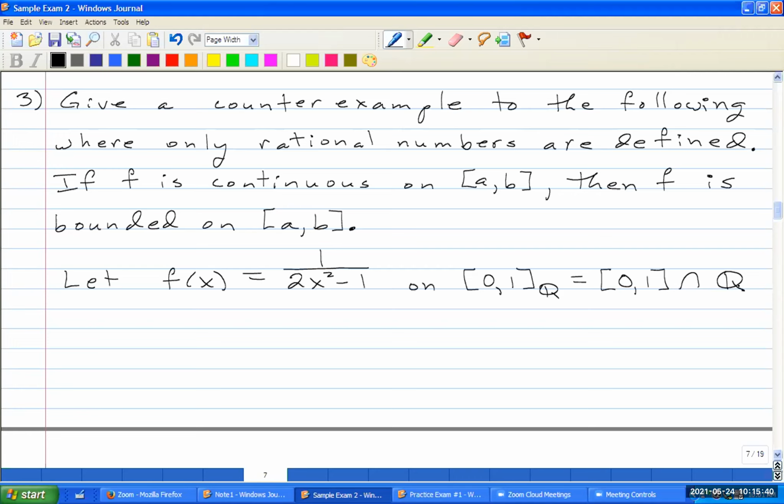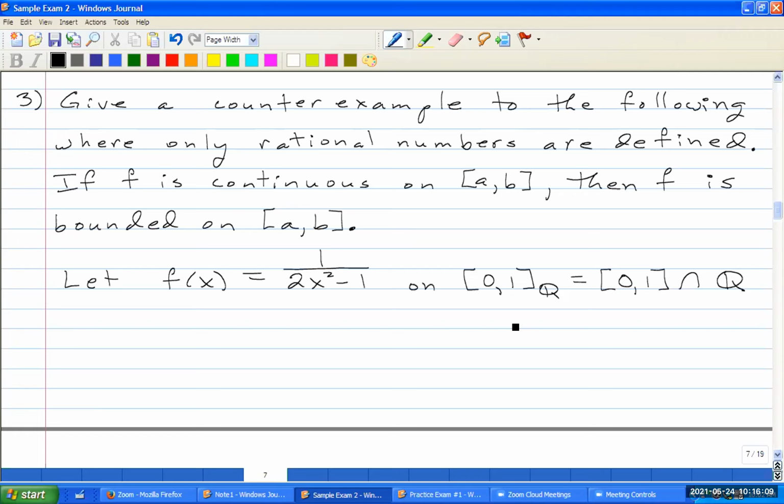Okay. Well, a rational function is continuous everywhere, except where it's not defined. And in this case, on the closed interval between 0 and 1 that contains only rational numbers, it's continuous everywhere.